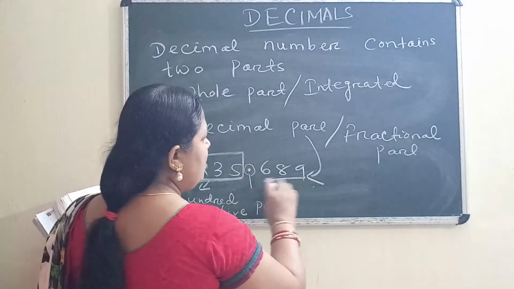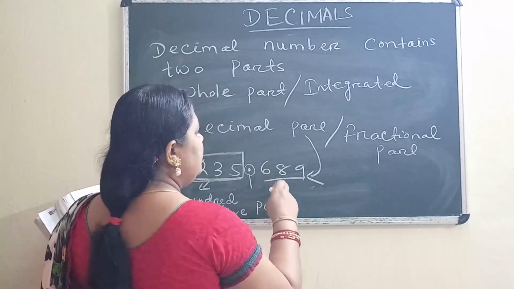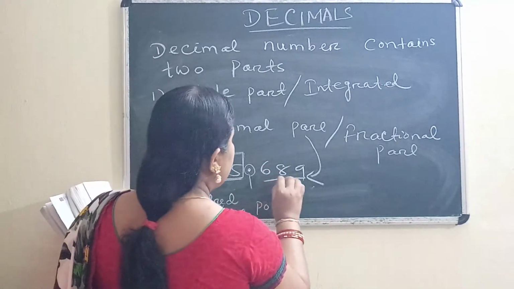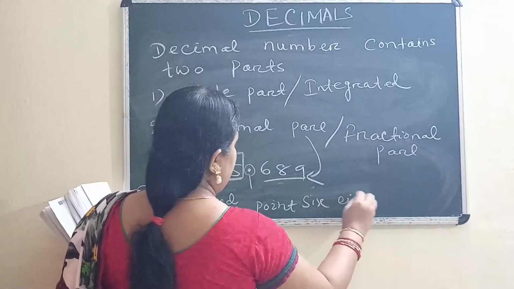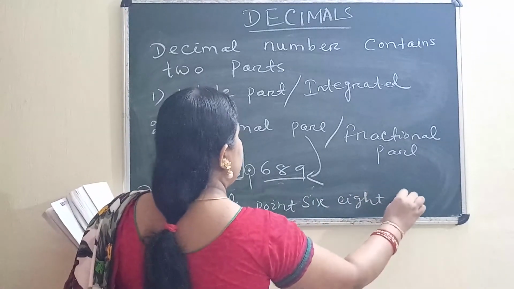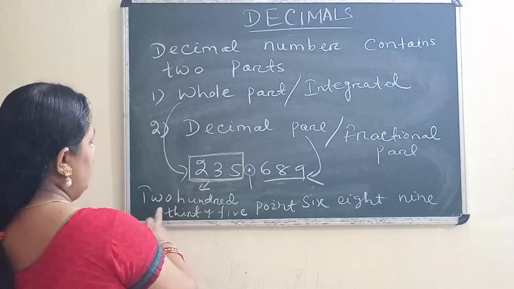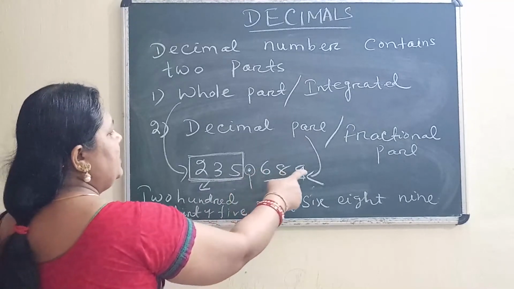No, you will not write 689. You have to write the numbers in a separate way, meaning single digits: 6, 8, 9. Clear? So now what will you read? 235.689.